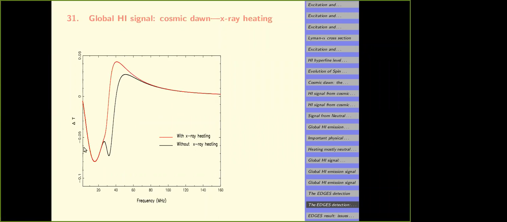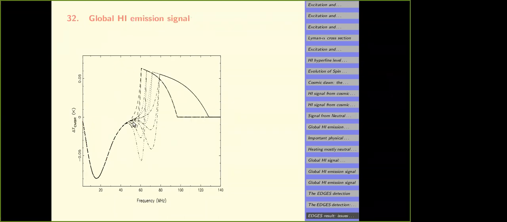What is possible is that a trough can go into another trough, because I haven't heated the medium, but Lyman-alpha mixing has pushed TS close to matter temperature again. And if that happens, then I may have another trough, and that's precisely what I'm seeing here. But it will rise again as the heating takes off. The signal would be seen in emission and finally go to zero.